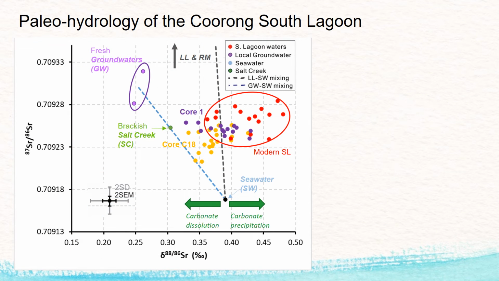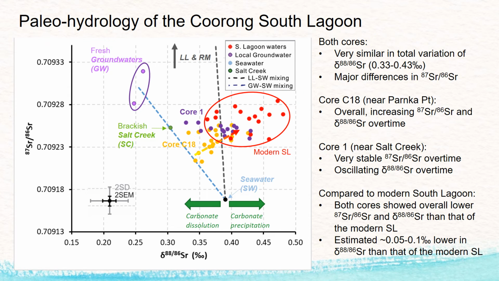So I plotted these paleo water strontium isotope compositions from the 2 cores back to the cross plot previously, and added all the modern South Lagoon waters I have. What I found is that the modern South Lagoon is even a bit higher in radiogenic strontium than the 2 cores, meaning that the South Lagoon has become even more dominated by continental waters, and seawater is even less accessible.